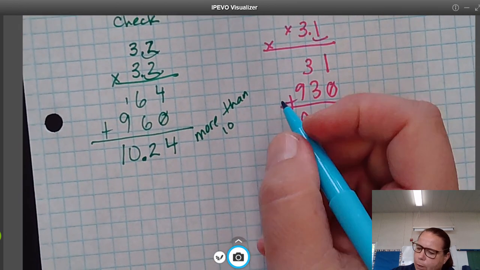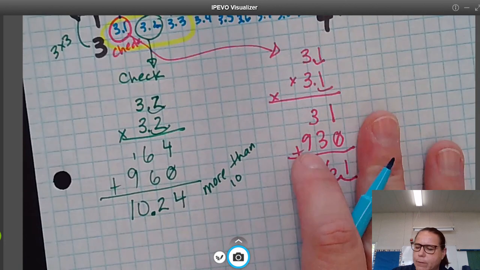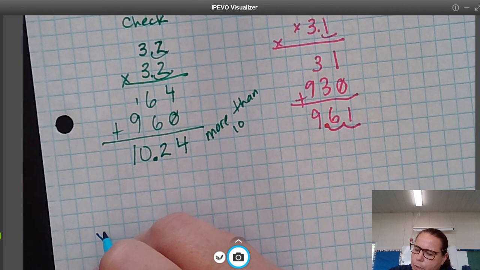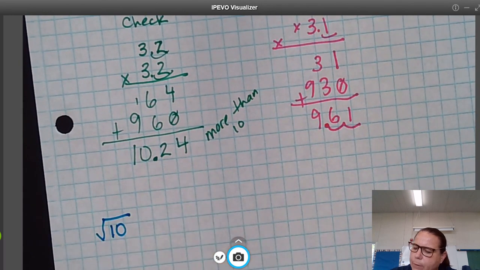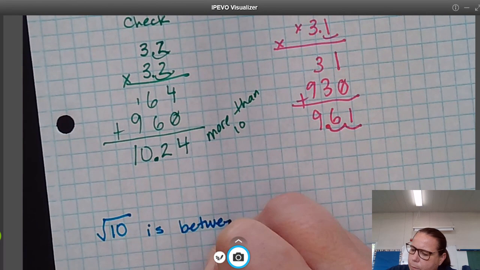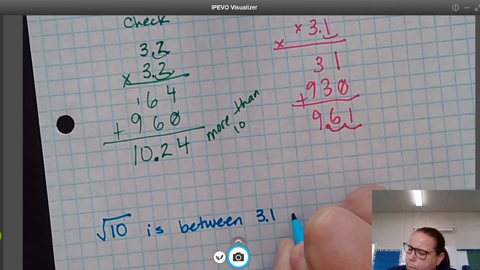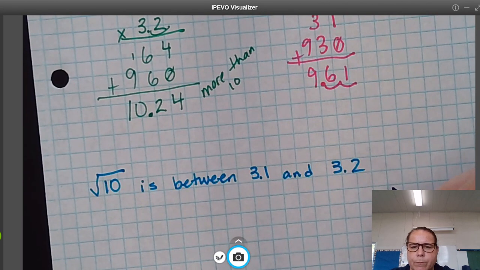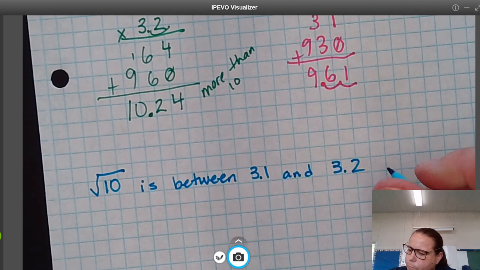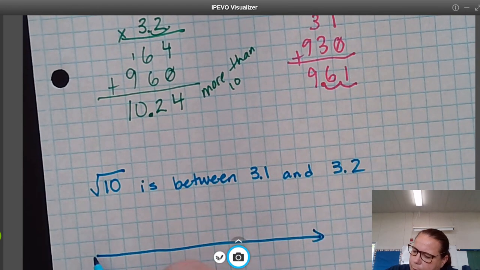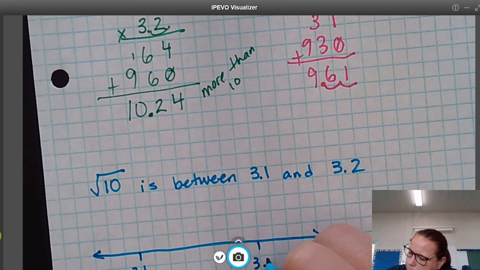So I found out, by this information, if I put this into words, the square root of 10 is between 3.1 and 3.2. Okay? So if I look at this on a number line, here's 3.1 and here's 3.2.